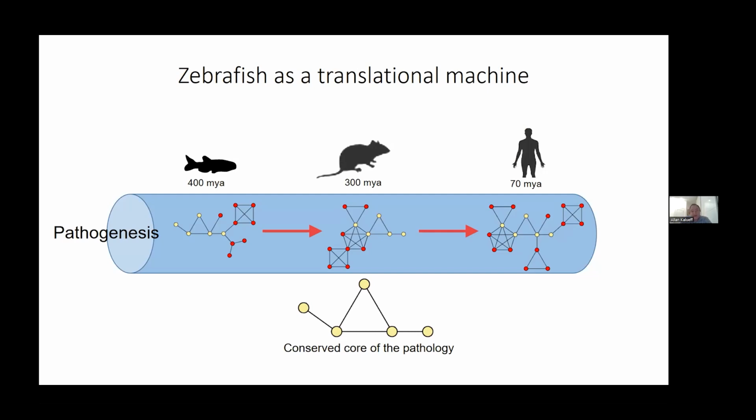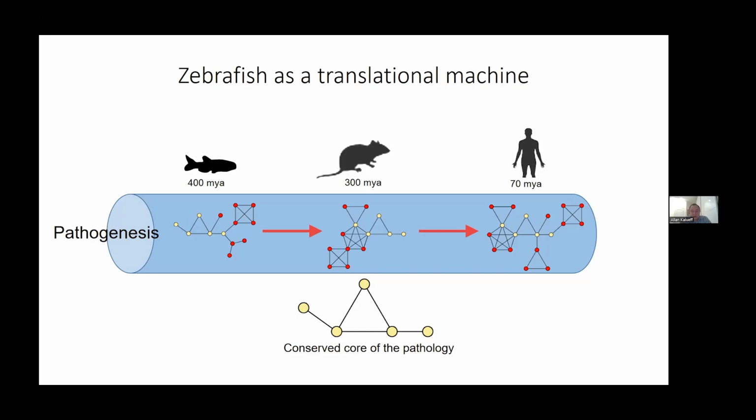Zebrafish allows us to move the time frame of the natural evolution from 70 million years ago, when the first primates emerged, to 300 million years ago, when the first mammals emerged. And again, zebrafish is much older than mammals. So we're moving the time frame of the natural evolution to 400 million years ago.